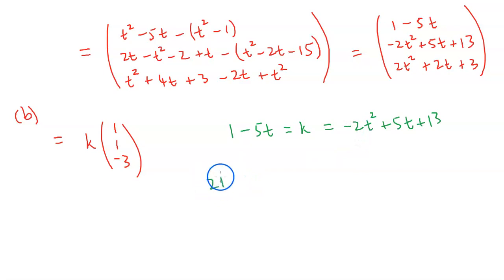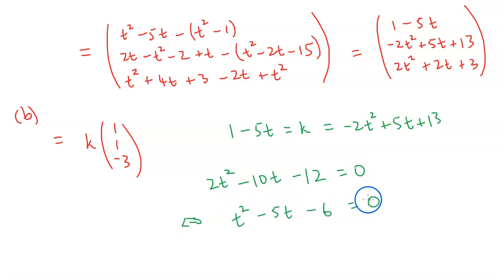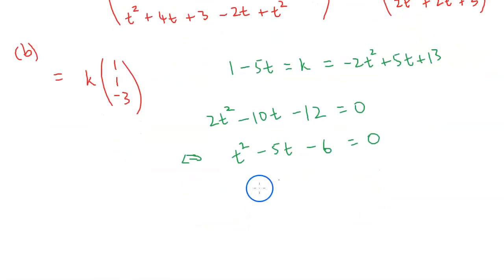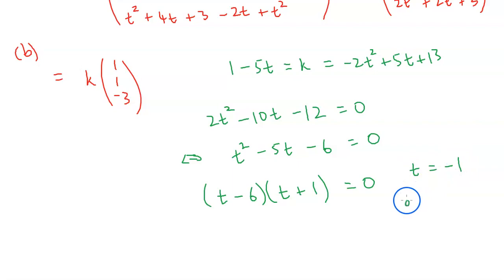So that tells us that 2t squared minus 10t minus 12 is equal to 0, which is equivalent to t squared minus 5t minus 6 equals 0, which we can factorize: (t minus 6)(t plus 1) equals 0. So we have t is equal to -1 or t is equal to 6.